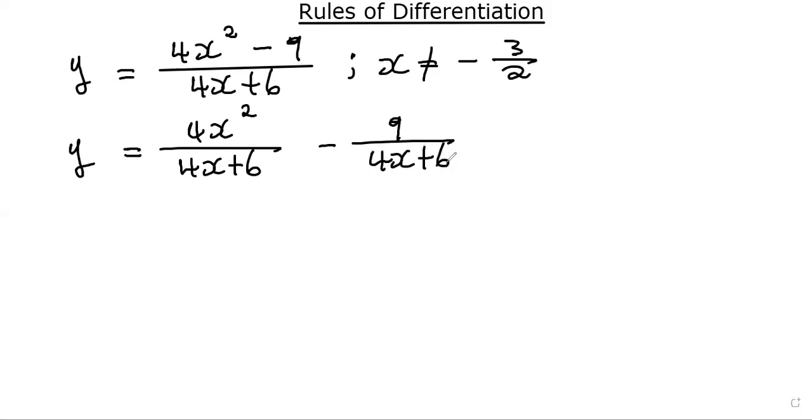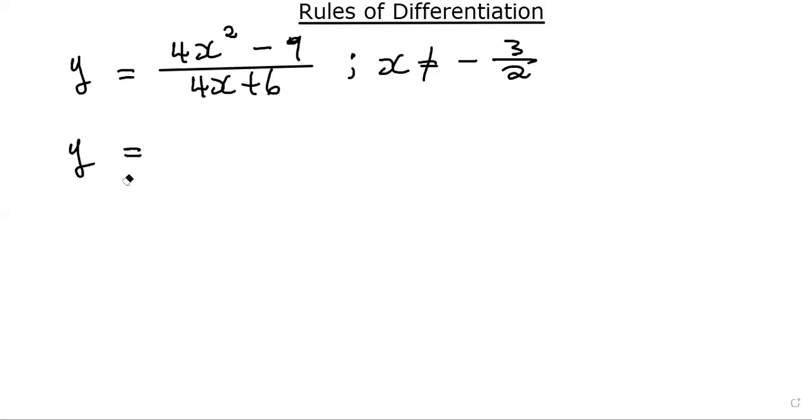Do you see that? It didn't really help us. So the best we can do for this one is to factorize. If we look at the numerator, it's the difference of 2 squares. And in the denominator, we can easily take out the highest common factor, which is 2.